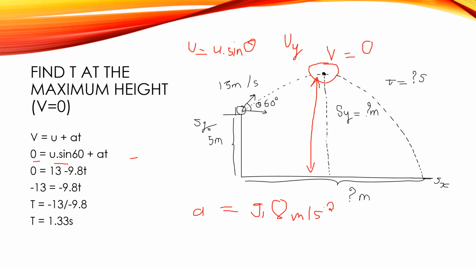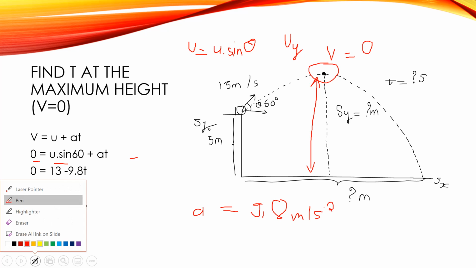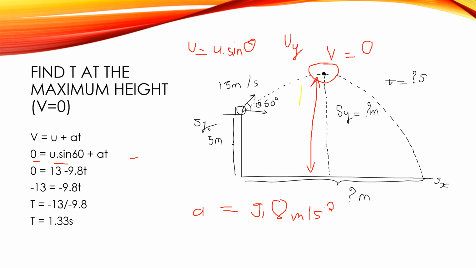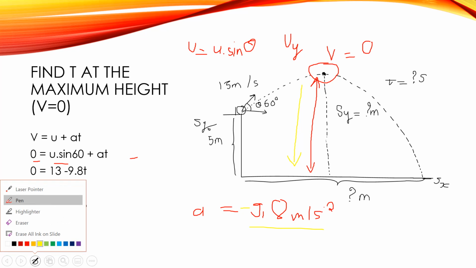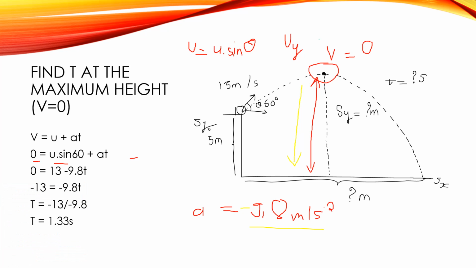So I'm looking for the vertical component, so the gravity will be going down, like this. So this value needs to be minus 9.8, because the ball was going upwards and the gravity going down. So the gravity will be negative 9.8. And I substitute negative 9.8 into here.